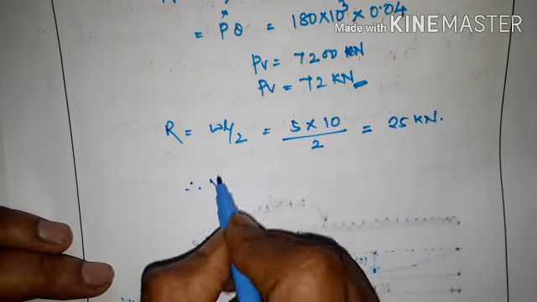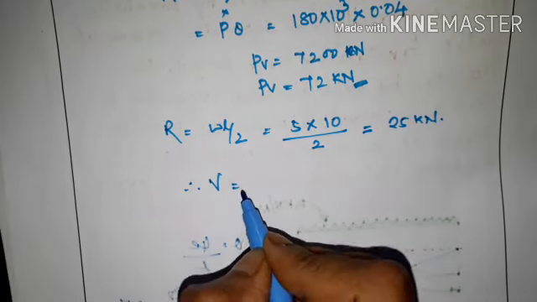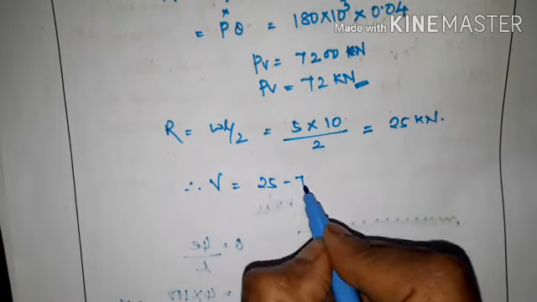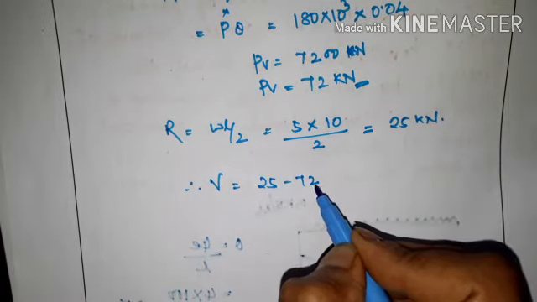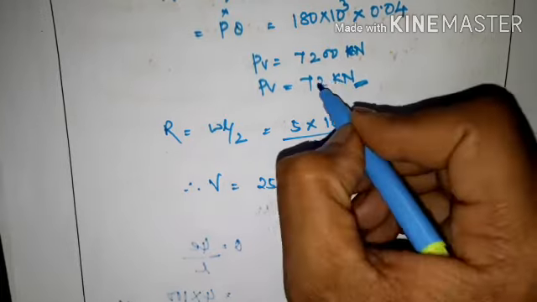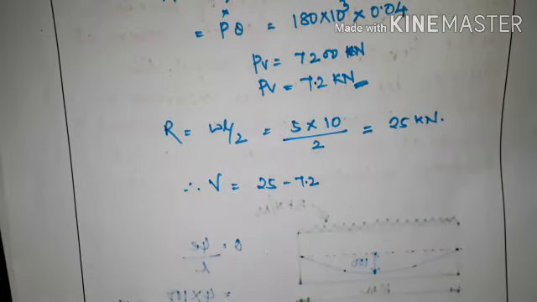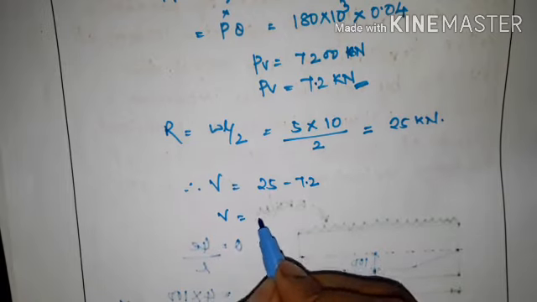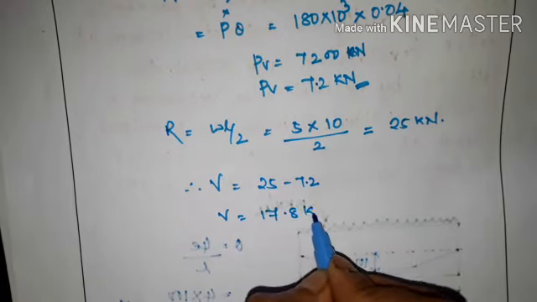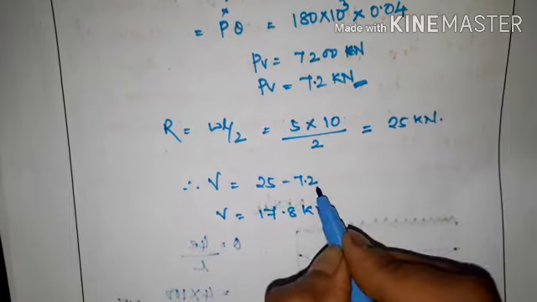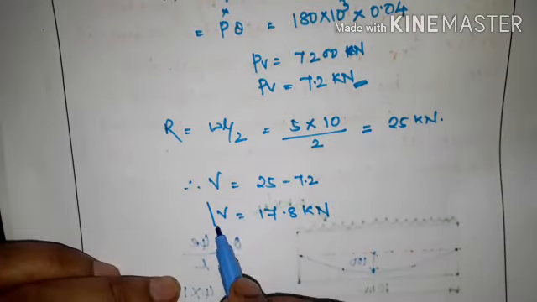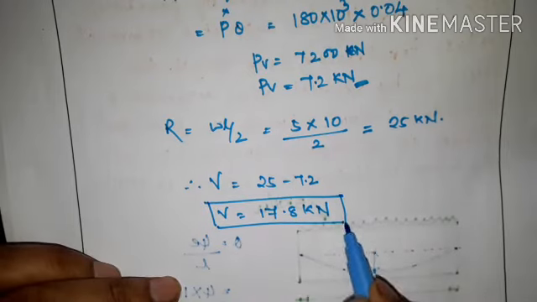Therefore the vertical shear V is the reaction minus PV. PV is 7.2 kilonewton. So V is 25 minus 7.2, which is 17.8 kilonewton. So the total shear V is 17.8 kilonewton.